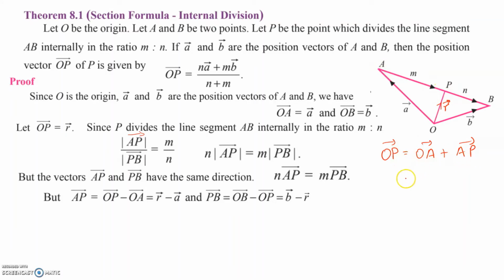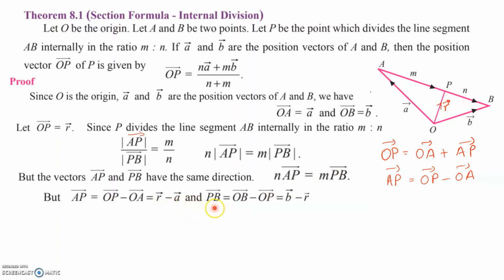So, rearranging this formula, AP vector is equal to OP minus OA. And we have already defined OP to be R, so that is vector R minus vector A.